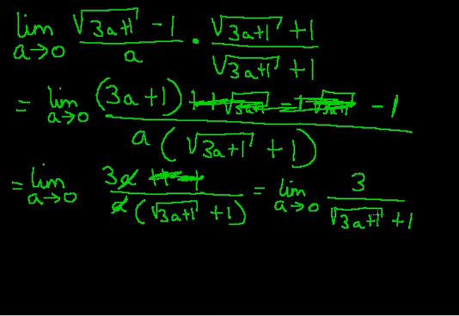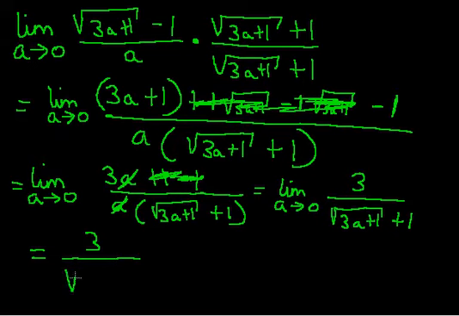But you may reach a point where you have to multiply by a conjugate again, because you see that there's a square root here and then the plus something there. But let me try and substitute and see if it works, and if it does, then I don't have to. So this equals, now I don't have to write the limit because I'm actually going to plug in 0 for a.